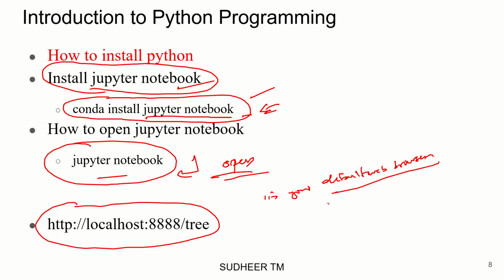If your default browser is Chrome, it will open Chrome, and the starting page will be localhost. We don't need to bother with it. The machine will open it and it will be available to us for typing our program. So these are the procedures you need to use for working with miniconda.